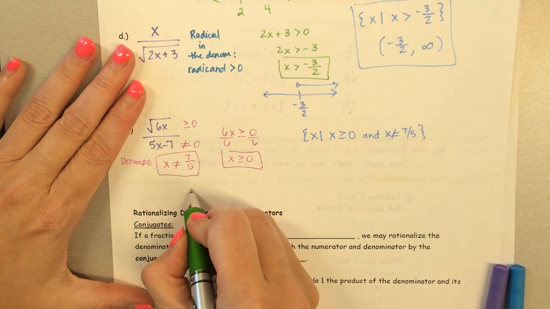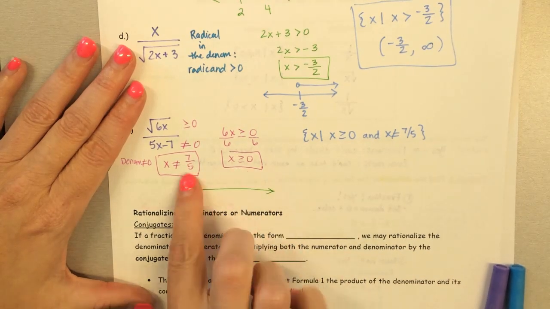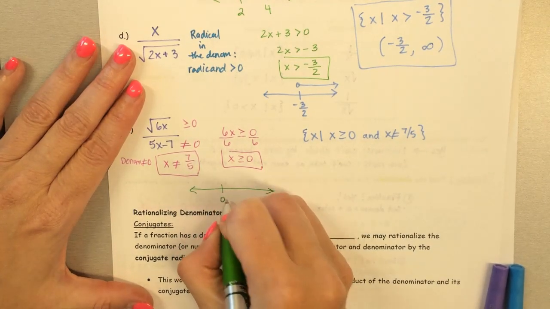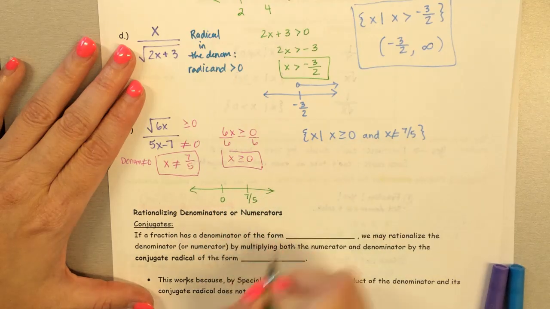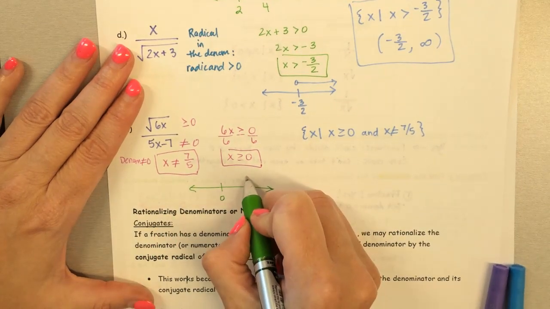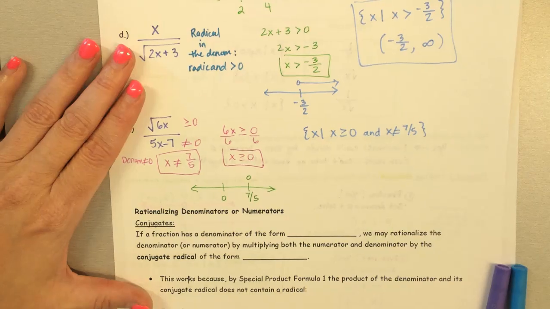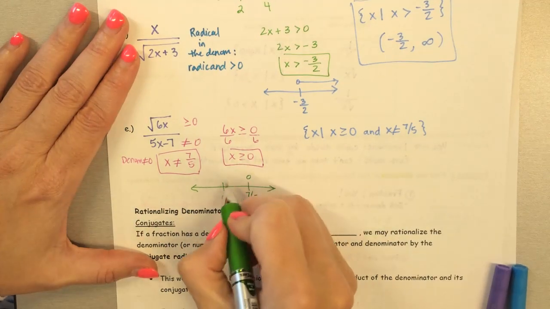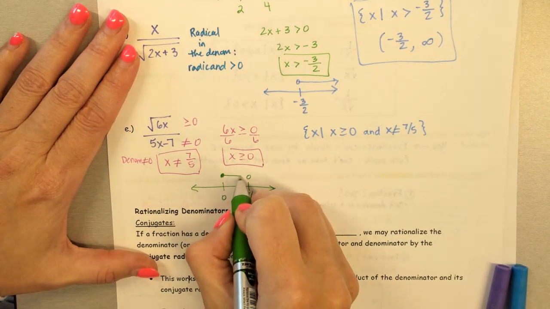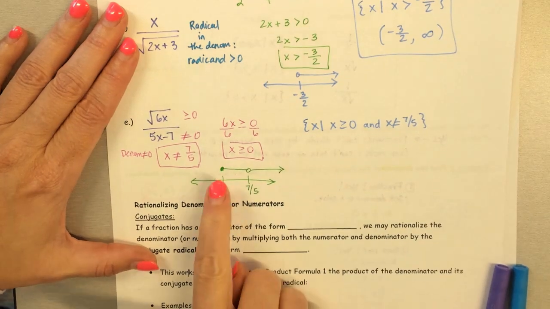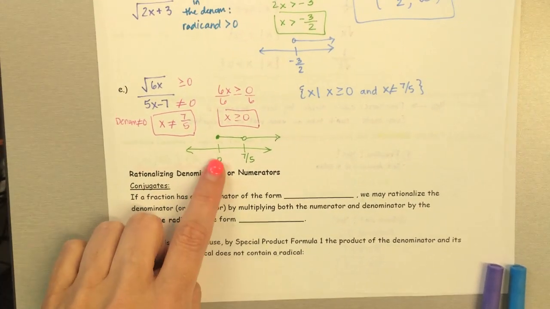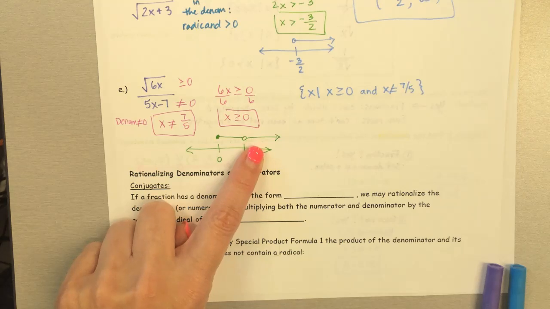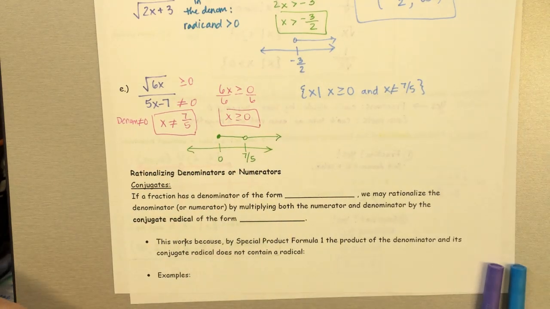Okay, when you're doing this in interval notation, make sure you put these in order. So 0 would go here, 7/5 would come after. Anytime it can't include it, it's going to be an open circle. This is going to be a closed circle to the right. So this breaks it up into 2 intervals that you're going to have to label there.